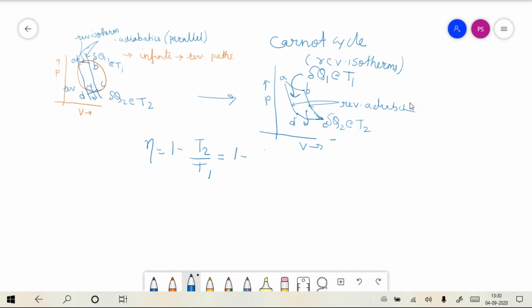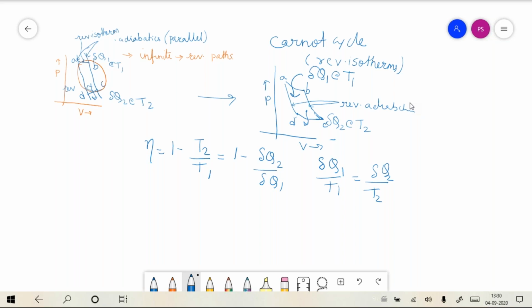So it means del Q1 by T1 is equal to del Q2 by T2.